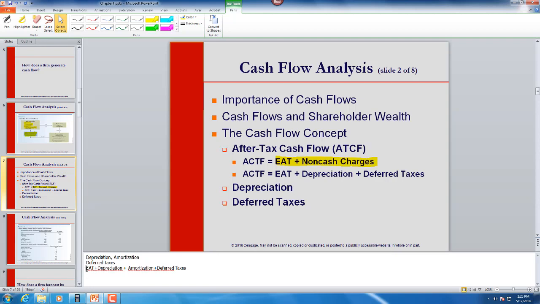So that will give you your after-tax cash flow, ATCF. Since the textbook does not use amortization, let us remove that. But if it is there, you need to include it because it's a non-cash expenditure. Let's just say this formula is the correct one. This is the formula to look at.